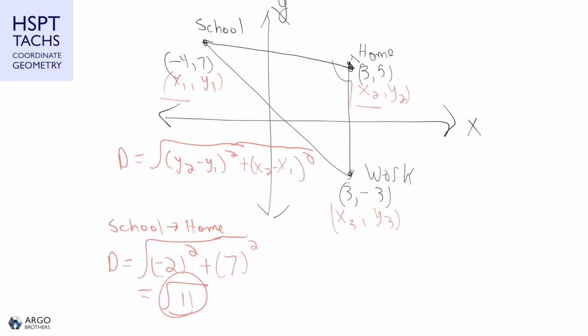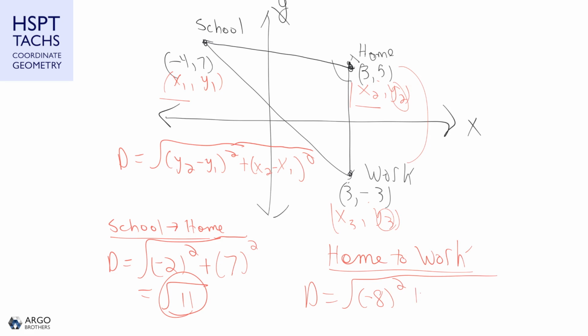Now what about the distance of home to work? Home to work. All right, so then that would be these 2 points here. So we have D equals the square root of, in this case, y3 minus y2. And it doesn't matter which order you do it in. You could do negative 3 minus 5 or 5 minus negative 3. So y3 minus y2 would be negative 3 minus 5 or negative 8 squared.